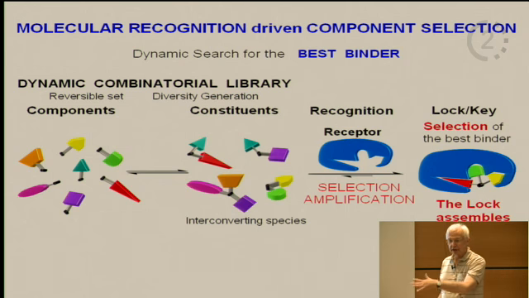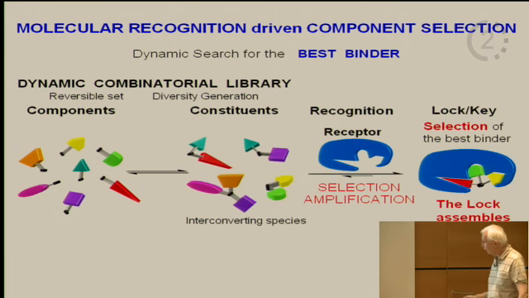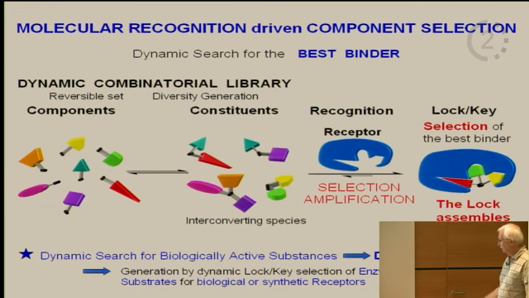But the good side is that if something is seen, then it means that it is very strongly binding. So the bad side is that we need strong binding, otherwise you don't see anything. But if you see something, you have a very good compound for binding. So the lock assembles its key, and this can be used for drug discovery, enzyme inhibition, and so on.